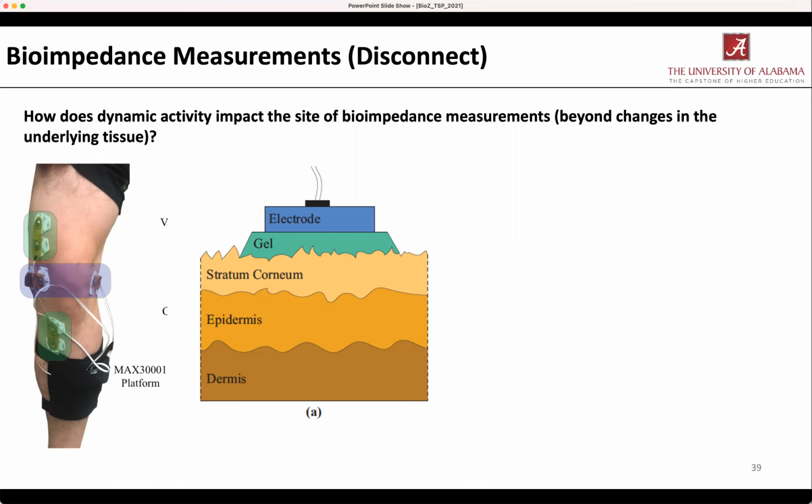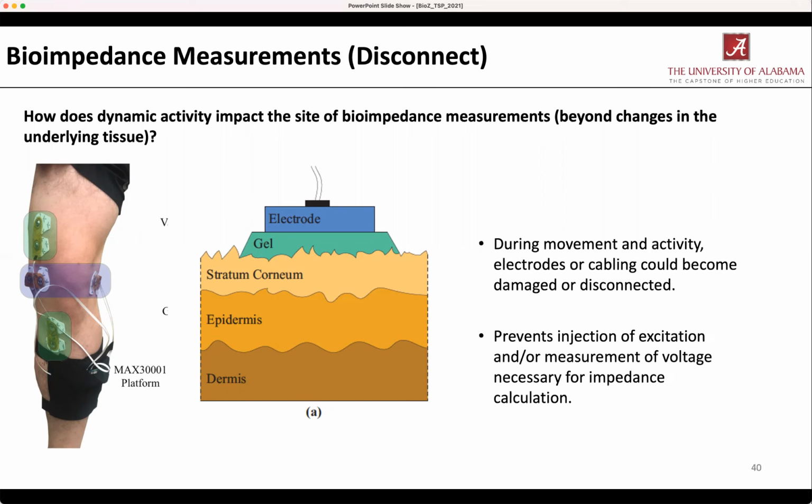So we have an opportunity to actually disconnect our electrodes, and through movement and activity, we could even break part of our system. It's no longer under a very careful view by a clinician or a researcher in a lab. We're in free living territory now, so lots of changes that we're not expecting can occur. How do we detect that? How do we remove that data from corrupting how we analyze it?